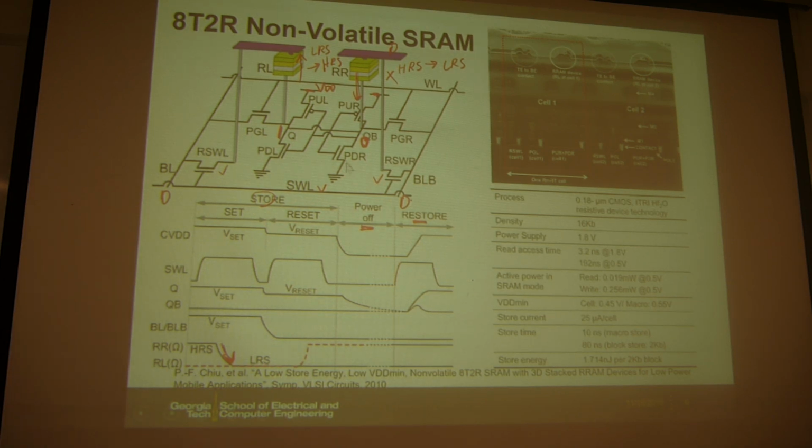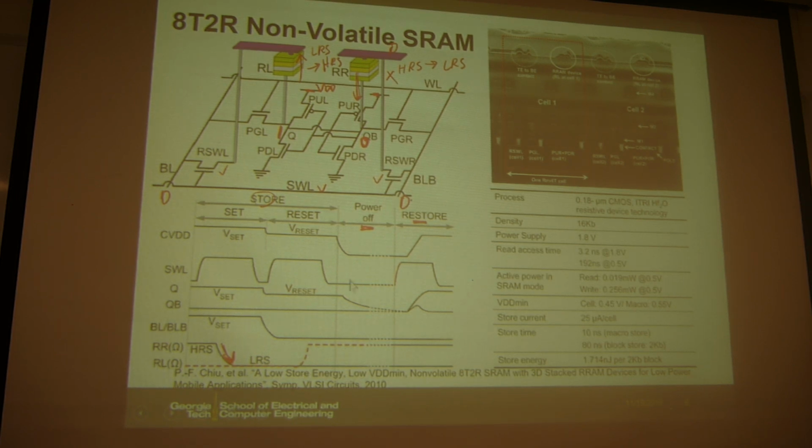So this is the principle, and in this VLSI paper, it implements this design in 180 nanometer CMOS and carbon oxide RRAM technology, and then it achieves some of the performance shown here. Let's say the store time is like 10 nanoseconds.